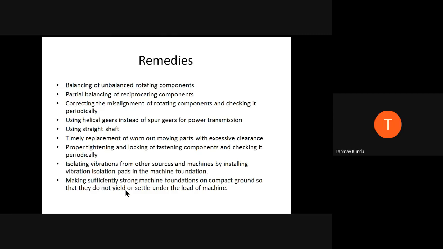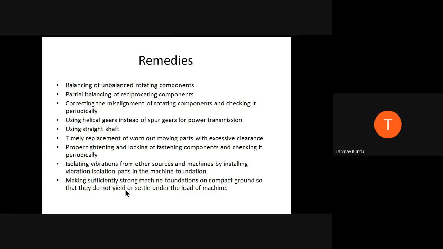Alignment, misalignment, worn out components, all those things are very understandable to any maintenance person. Only then can he identify the problem.